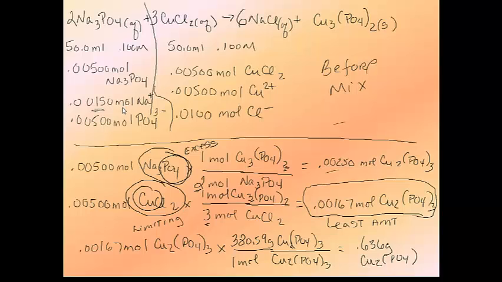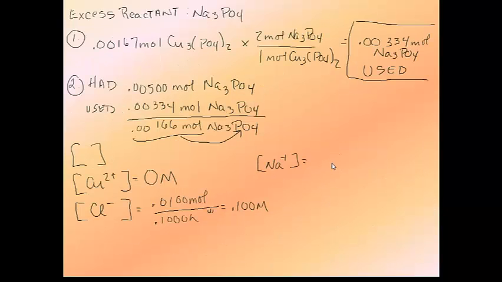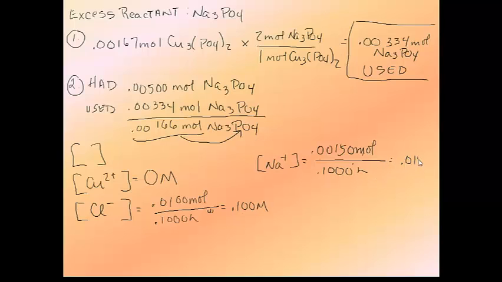The sodium was not responsible for the precipitate, so I have 0.00150 after mixing, and it's 100 mL in liters, 0.1. That gives the concentration of the sodium ion after mixing.